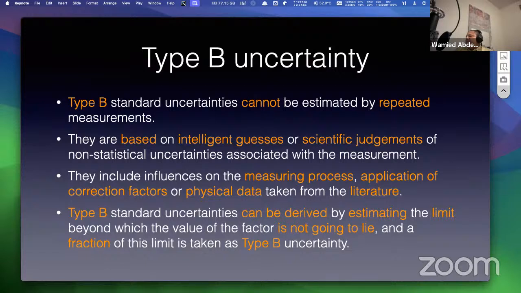So what we do, we look at literature, for example, or maybe a standards lab. We look at some paper, or maybe just do an intelligent guess, and then try to use that uncertainty to estimate the overall uncertainty in our measurement.